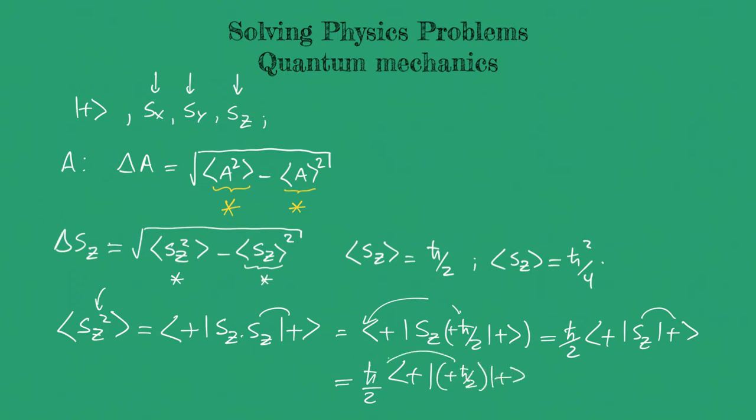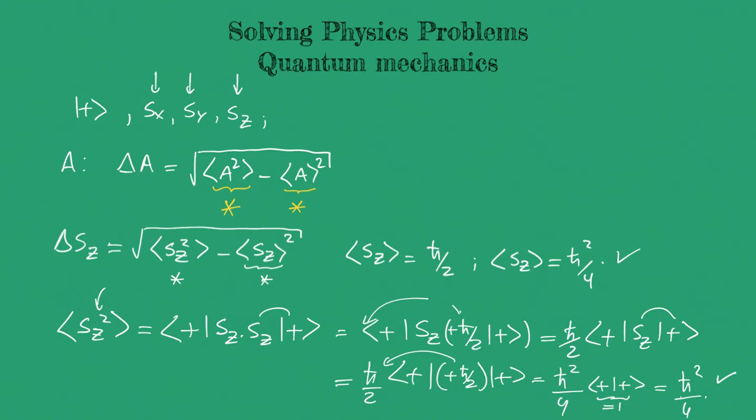I can take it out and have h bar squared over 4 bra plus ket plus. The inner product must be equal to 1. Then we have here h bar squared over 4.